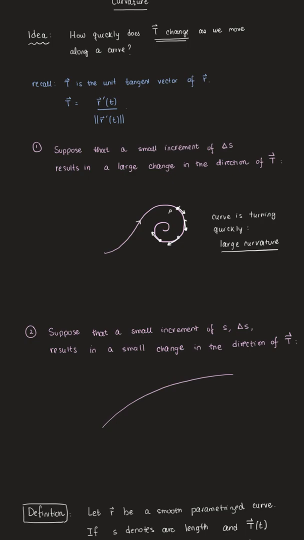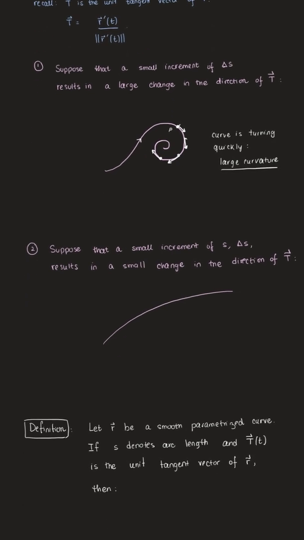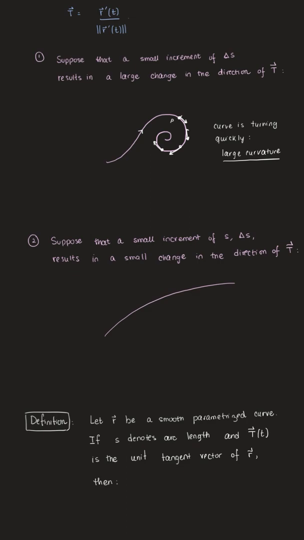changing. Now, if we look at a second example down here, notice that this curve isn't as tightly wound. So if I look at a similar small increment along my arc length, maybe at the first point P, and again, the direction of the curve is going this way, our tangent vector looks like this. At maybe point Q, our tangent vector looks like this. Maybe at this point, our tangent vector looks like this.